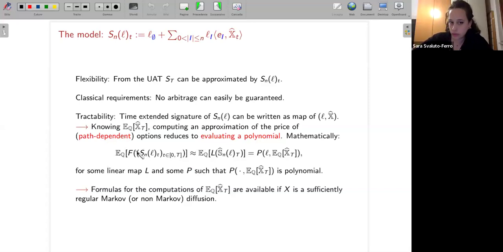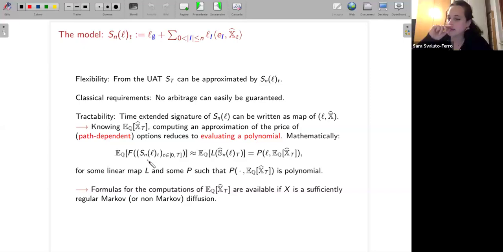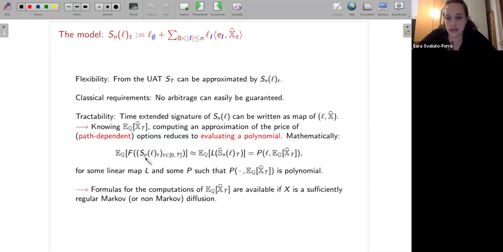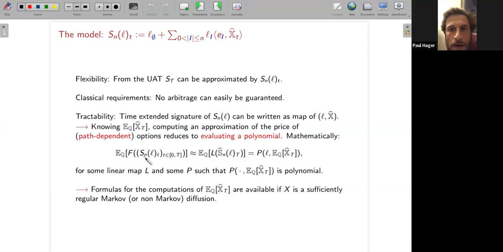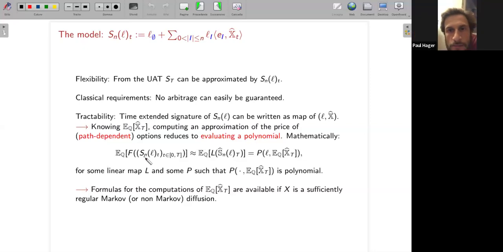So you mean if you approximate this directly as a functional of X, but it would depend on L, like basically PL, right? Yes. So did you try this in numerics, to approximate f of S as a function of L and the signature of X?